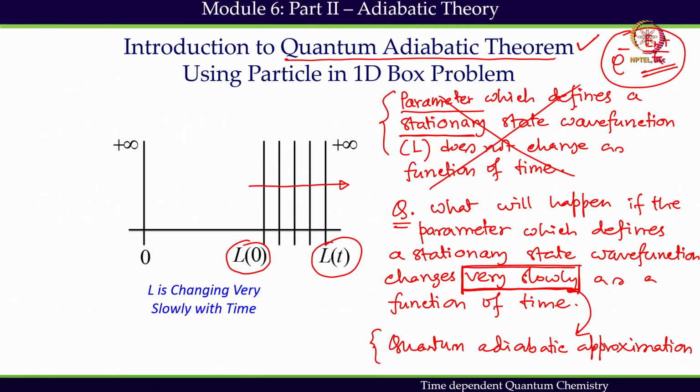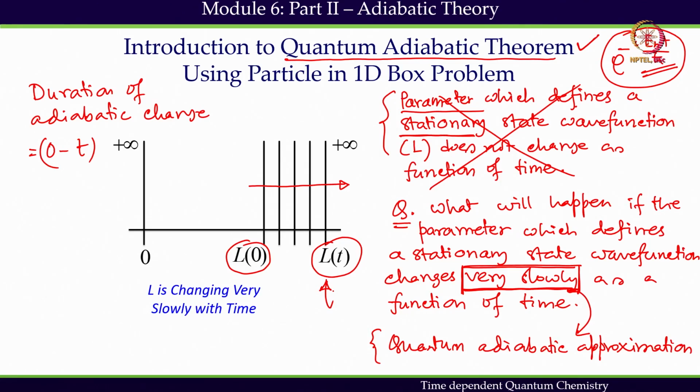So the duration of the adiabatic change, when I say adiabatic change, it is a slow change, is 0 to t. And the aim of the quantum adiabatic theorem is at exploring the wave function after the adiabatic process is turned off. So that's the problem we have at hand.